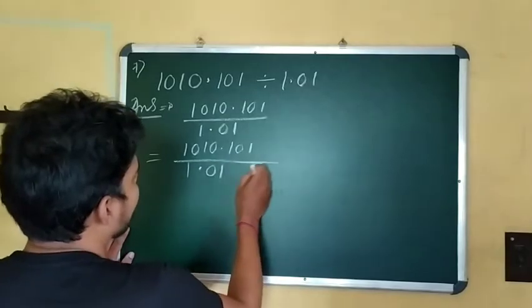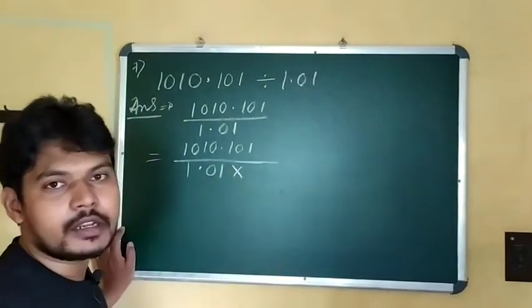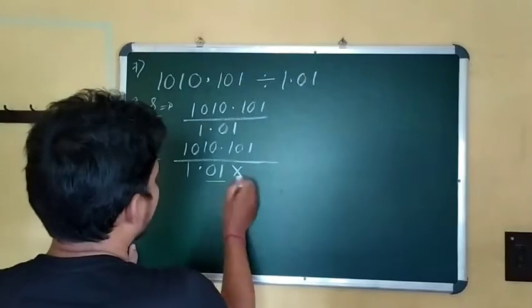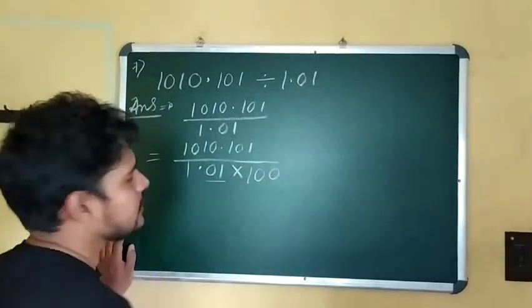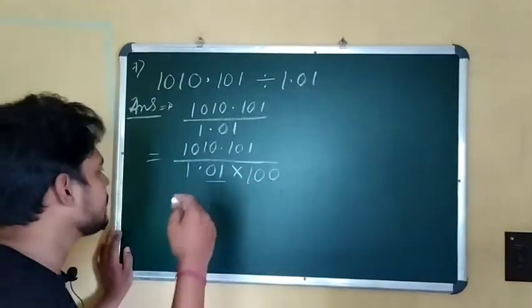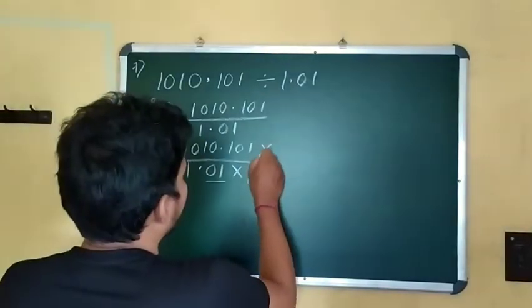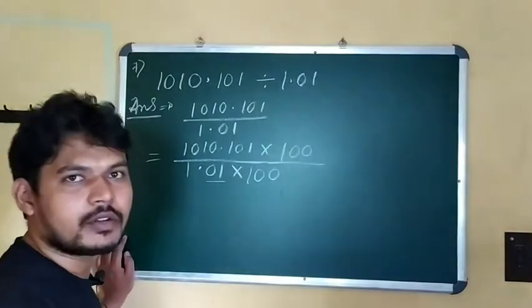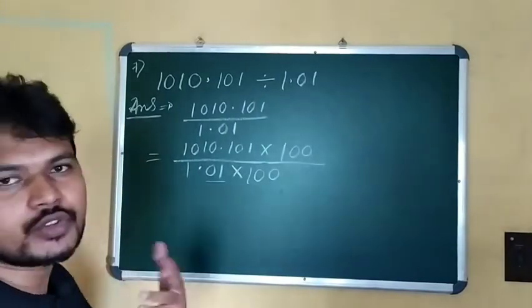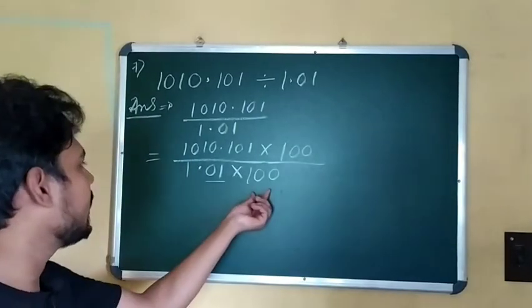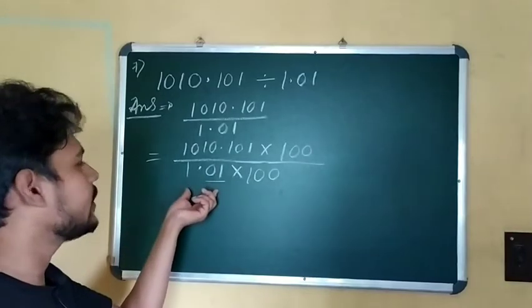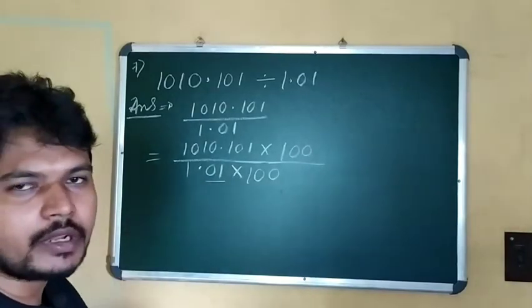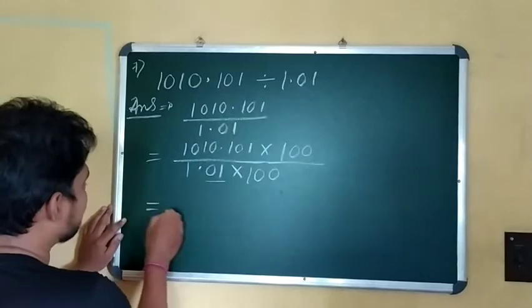Then in the second step you just write down the same number at first. Then you have to multiply the denominator by 100, as there are 2 decimal places. We have to multiply the numerator also by 100, okay, to convert this into an equivalent fraction. And here we multiply by 100 to convert the denominator into a whole number. So what happened?